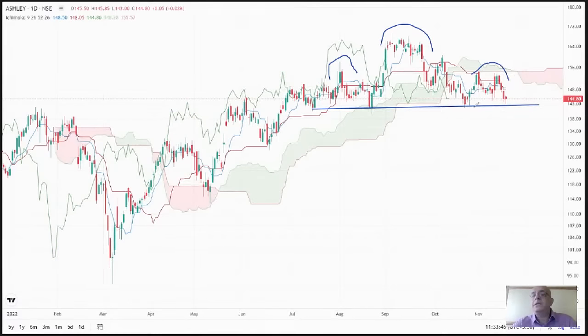Sustaining below 142 will open doors down to 130.